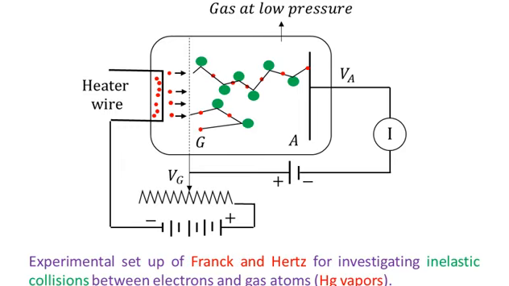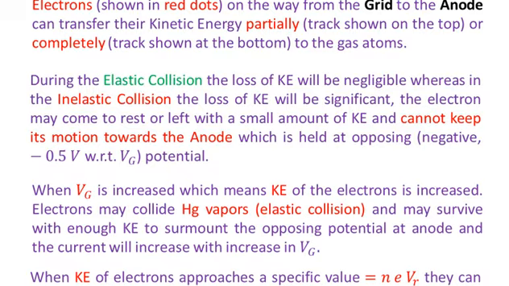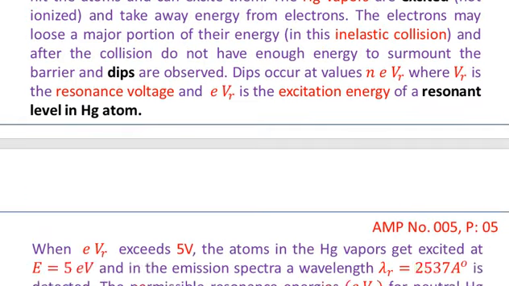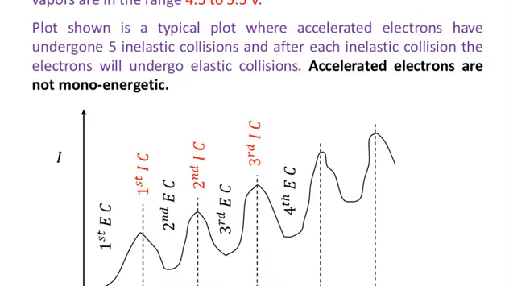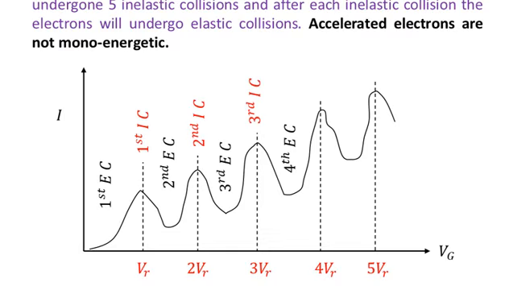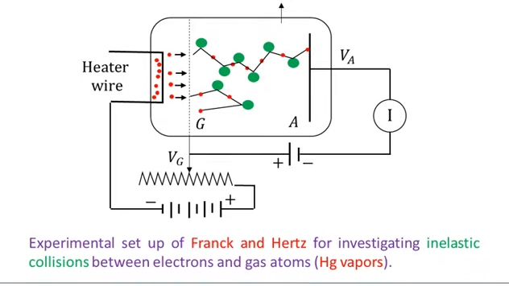That is, we can say the electrons do not have a single energy. So the electrons accelerated with the grid voltage are not monoenergetic and will have a range of energies. So let me now explain the plot that corresponds to this setup.